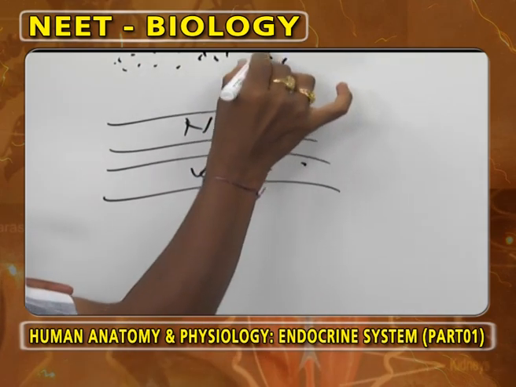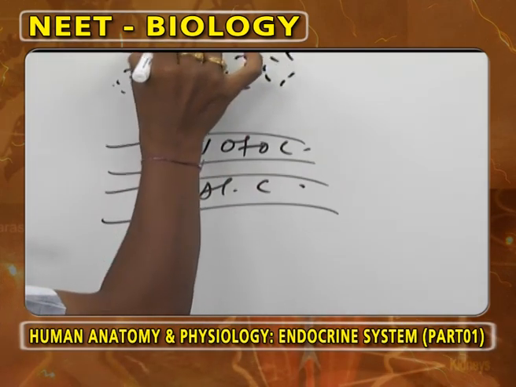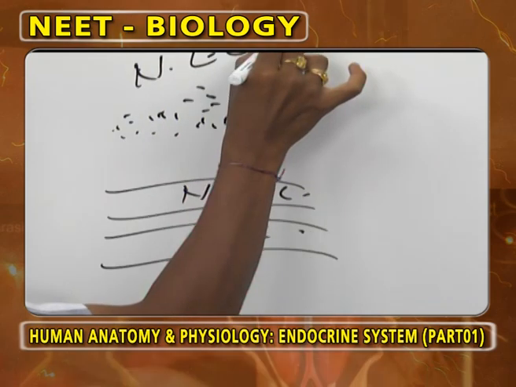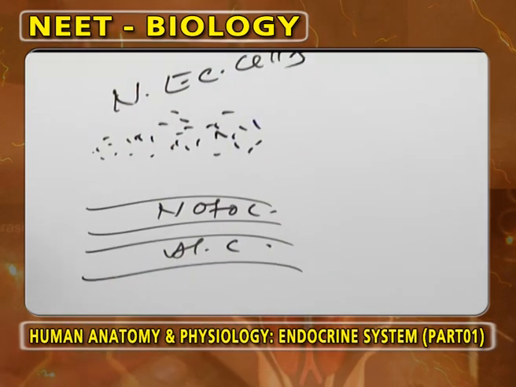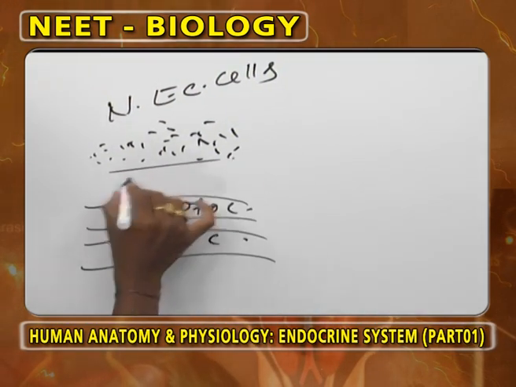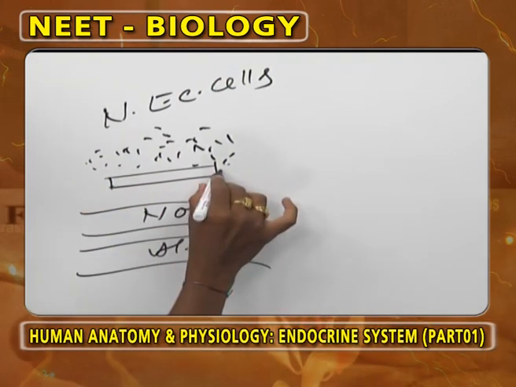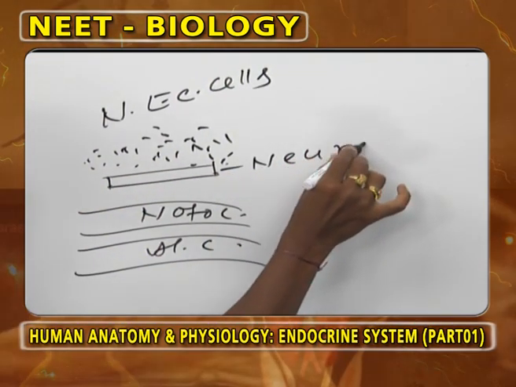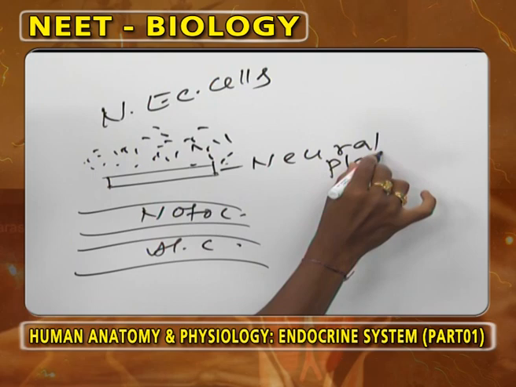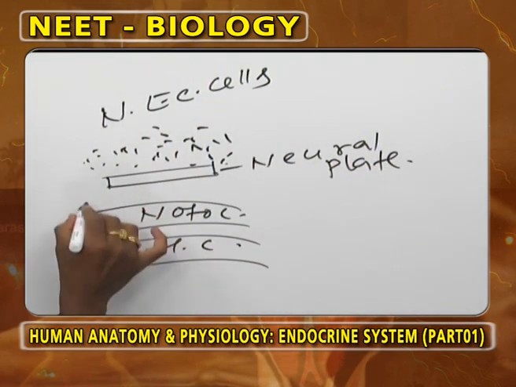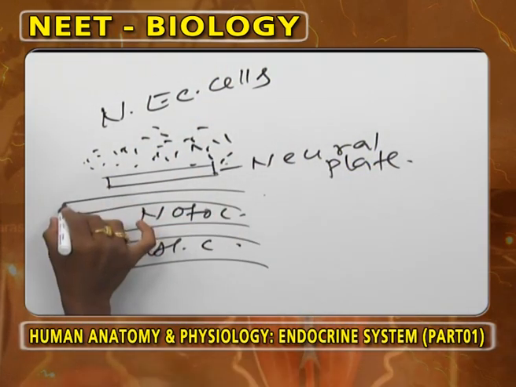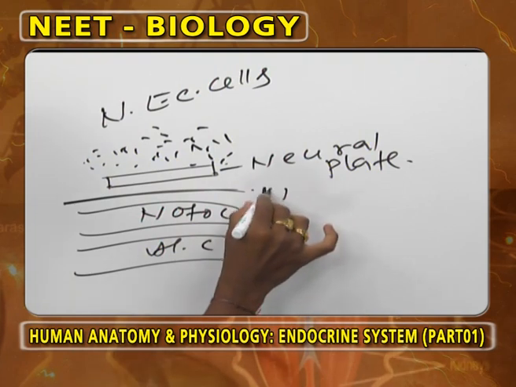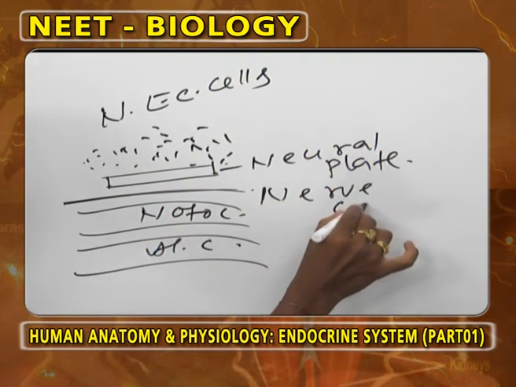The neuroectodermal cells are present. All these cells unite to form the neural plate. Now, from these neuroectodermal cells, we are getting what type of structure? That we call it as the nerve cord.